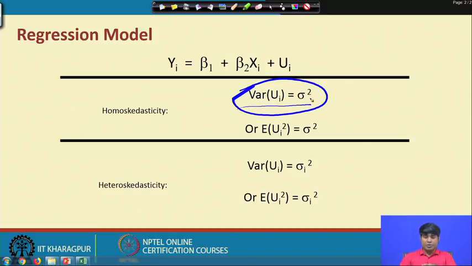That is the requirement, and that is the term called homoskedasticity. This is good for the modeling. As long as the error variances are the same over the time and over the cross sectional units, we are on a good track.